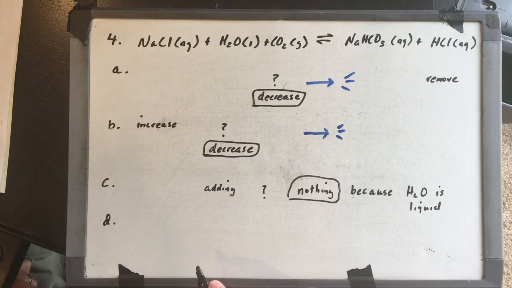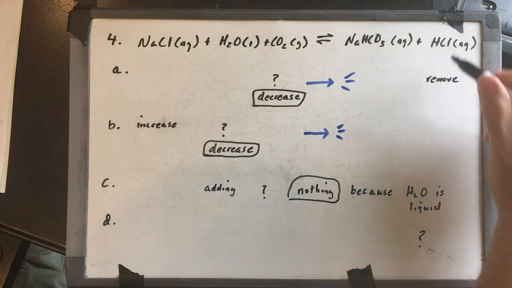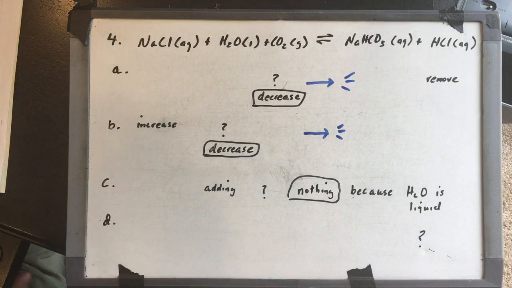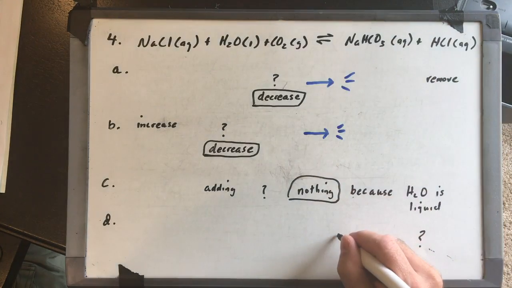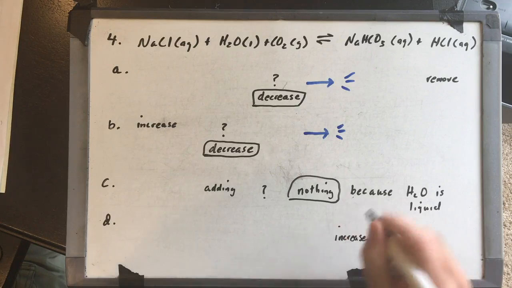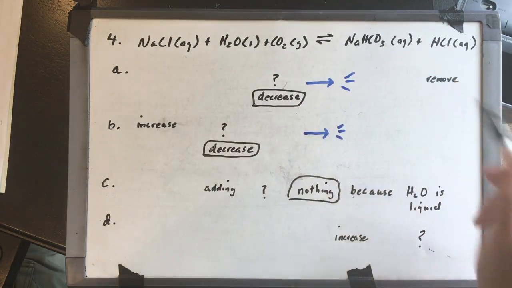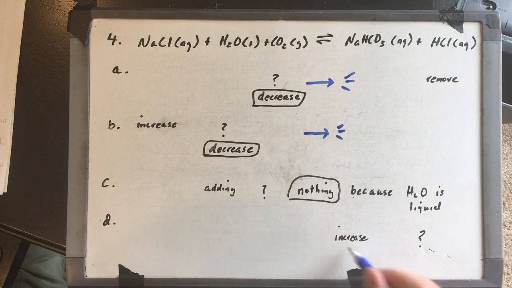Okay, then part D says what will happen to the concentration of HCl. All right, we want to know about HCl over here at the end, if more NaHCO3 is added. Okay, so we're going to increase or add to the concentration of NaHCO3. Well, that's going to make the right side win. The right side gets the hose because there's more collisions over here.